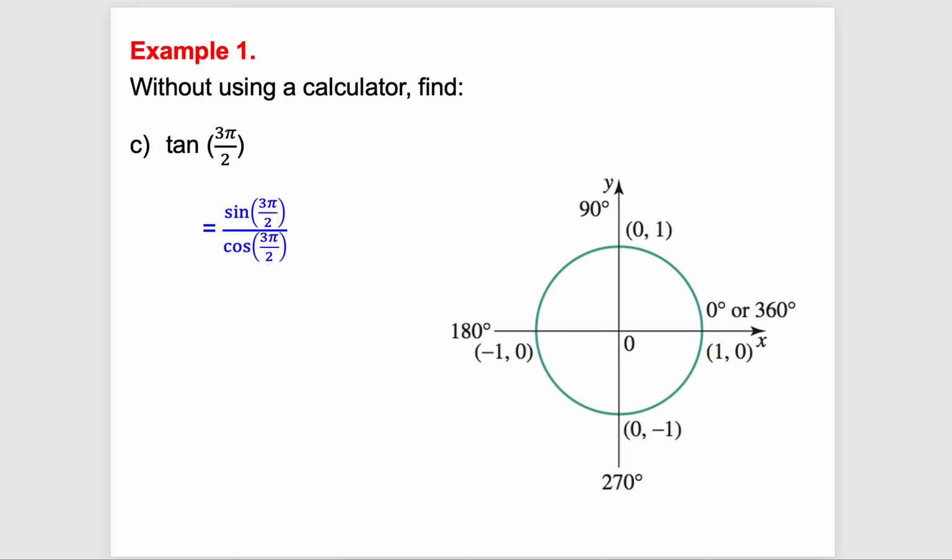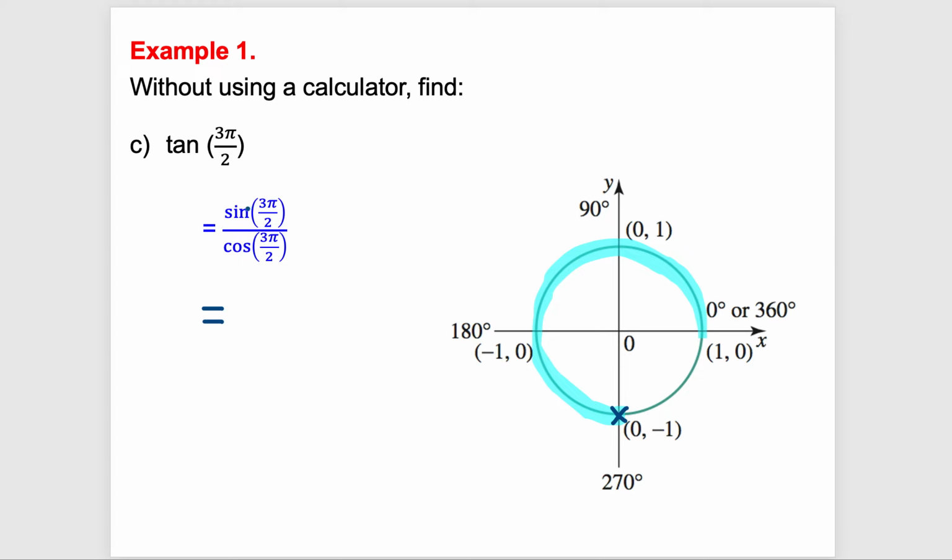So again, the method here is to firstly figure out where our angle takes us to on the unit circle. So we start from 0 and we go all the way around to 3 pi on 2, remembering that 3 pi on 2 is equivalent to 270 degrees. All right, this is our spot on the unit circle. And now we just read the x and the y coordinates.